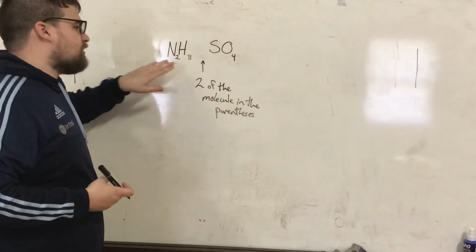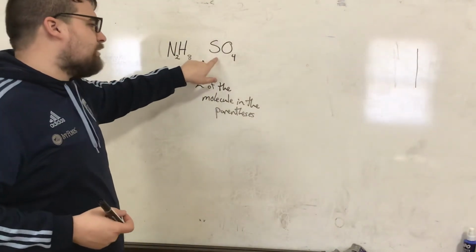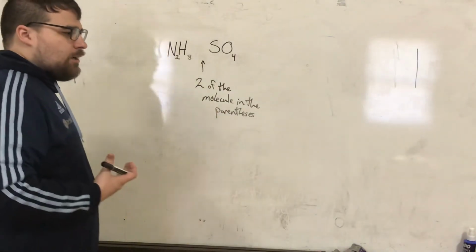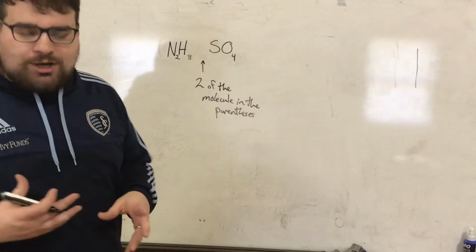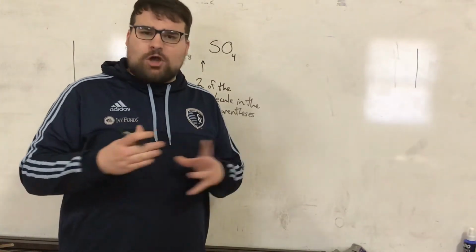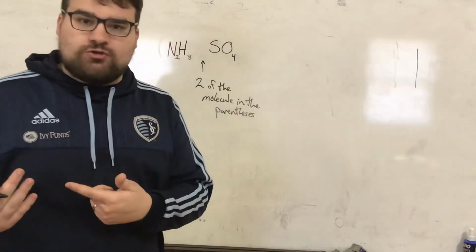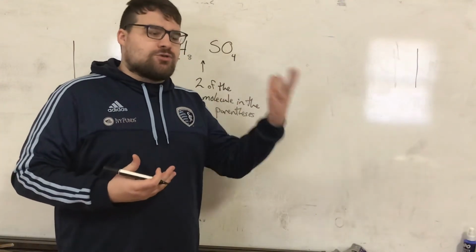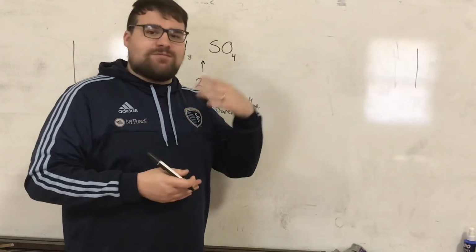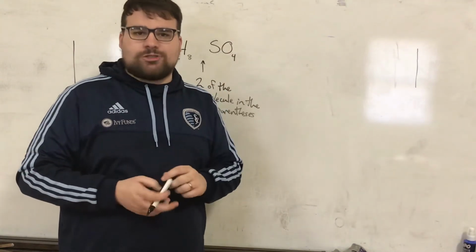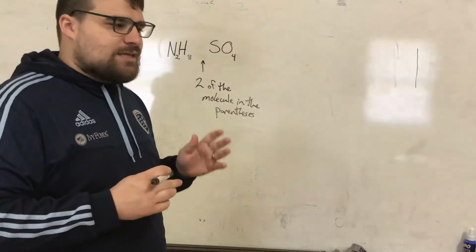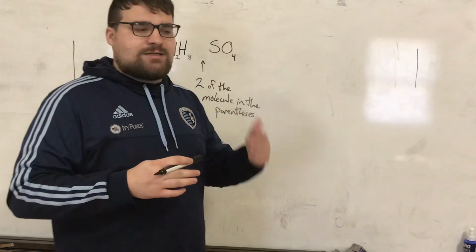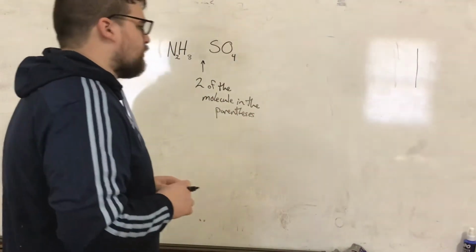And we see that in reality we have 2 nitrogen, 8 hydrogen, 1 sulfur, and 4 oxygen. We also see this on question number 7. It has OH in parentheses with a 2 on the outside. That 2 would just distribute into the O and the H, giving us 2 oxygen and 2 hydrogen. So really, it's kind of like a coefficient or just a multiplier to that molecule inside those parentheses.